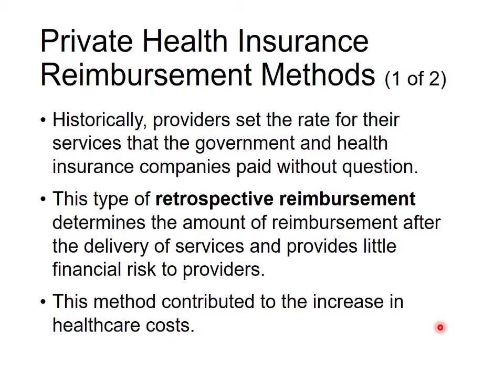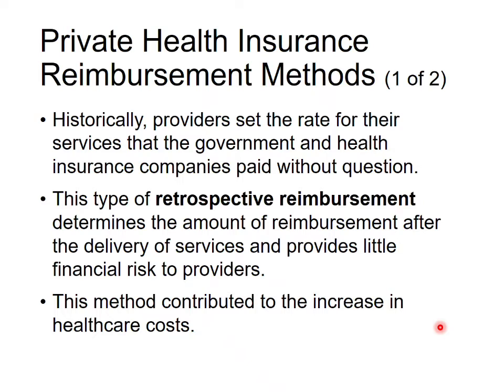So now let's look at healthcare reimbursement methods. First, we'll look at the private system and how it happens in the private sector. Historically, healthcare providers would set the rate of their services, and they would retrospectively tell the insurance companies, okay, these are the services that we provided and these are the costs associated with this.